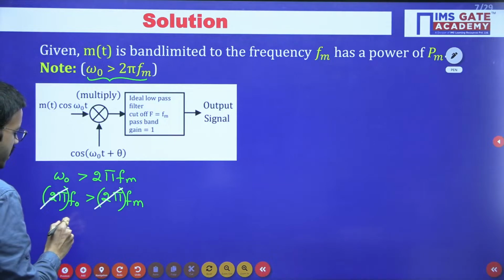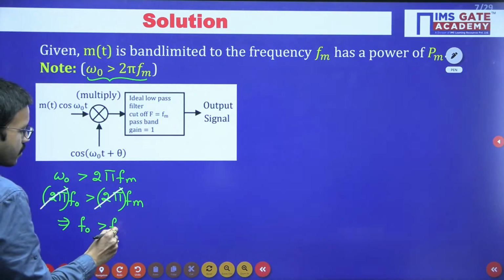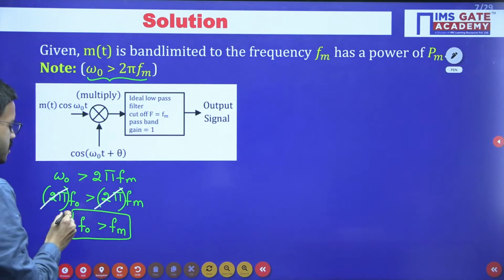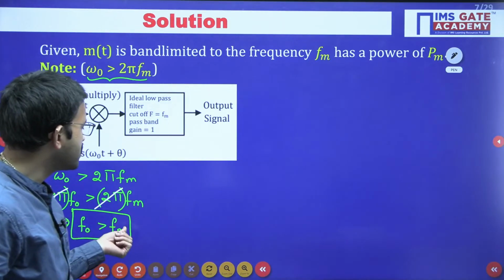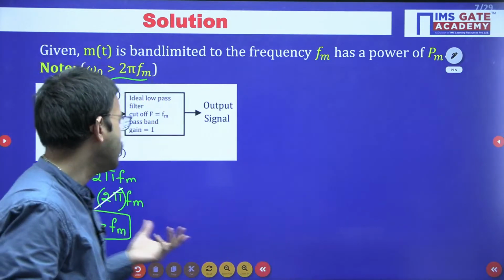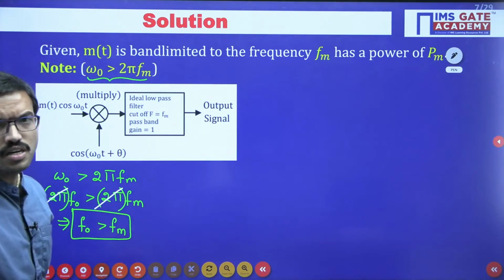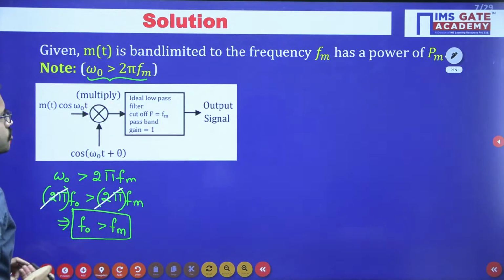From here you are getting F naught is greater than FM. F naught is the carrier signal frequency and FM is the modulating signal frequency. Always we consider the carrier frequency greater than the modulating signal frequency. That point only they have mentioned as a note.